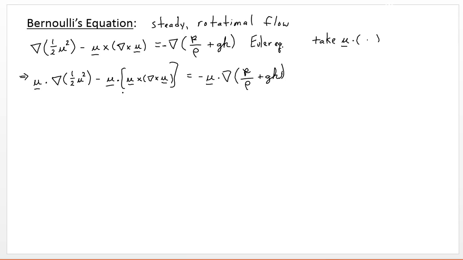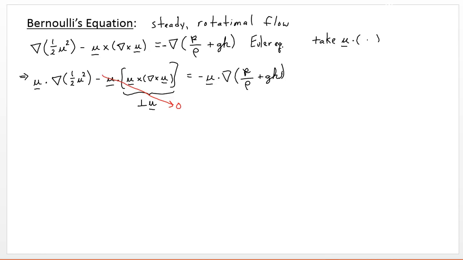Well, by the nature of the cross product, it is perpendicular to each of the two vectors. So u cross del cross u is going to be perpendicular to the velocity. The dot product of two perpendicular vectors is equal to 0. And consequently, this term vanishes.